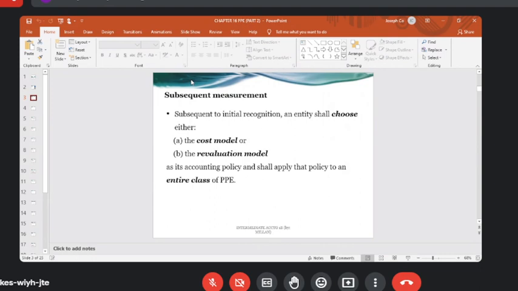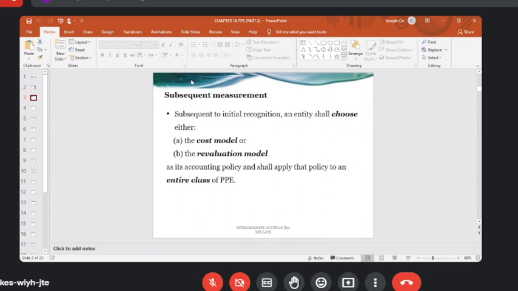For the subsequent measurement, no, subsequent to initial recognition, an entity may choose either a cost model or a revaluation model as its accounting policy and should apply the policy by class.